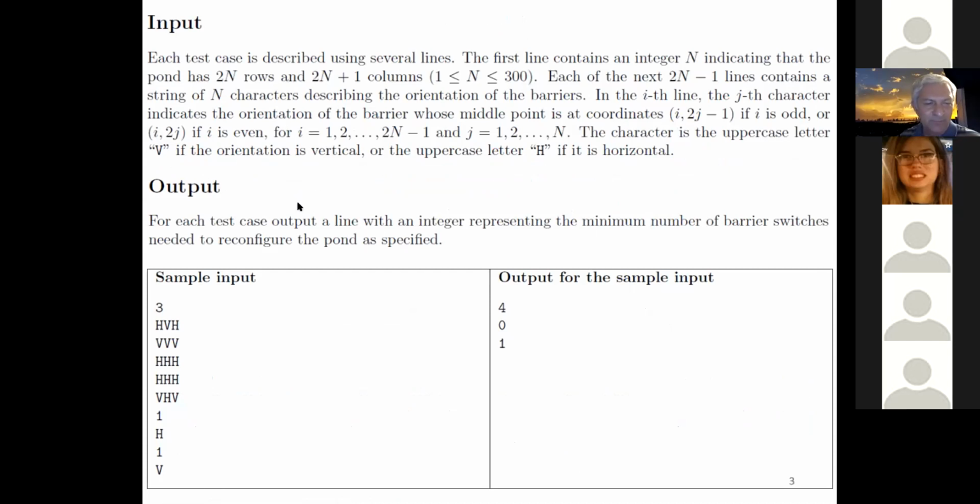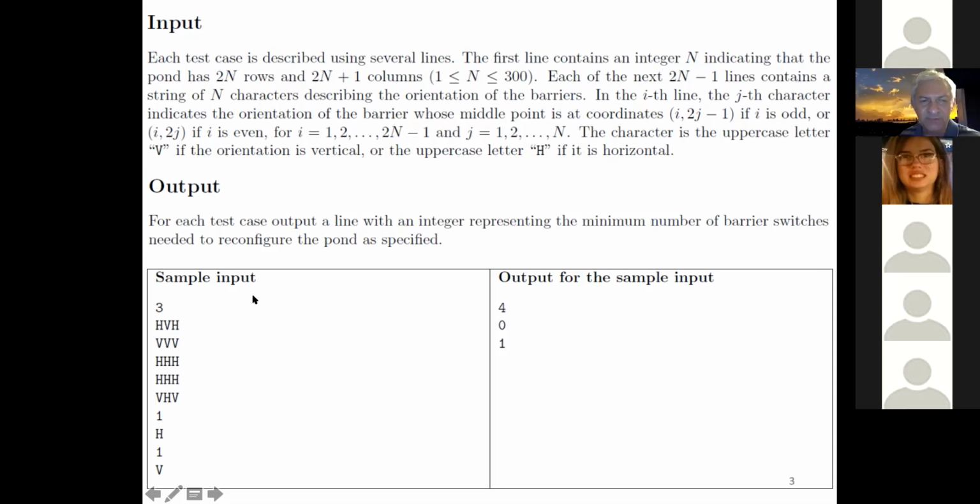Let me move forward. Now, what this tells you is what the input looks like and what the output should look like. The input tells you at every possible gate whether it's horizontal or vertical. So over here, you have a horizontal gate, a vertical gate, a horizontal gate, 3 vertical, 3 horizontal, and again, a vertical, horizontal, vertical.